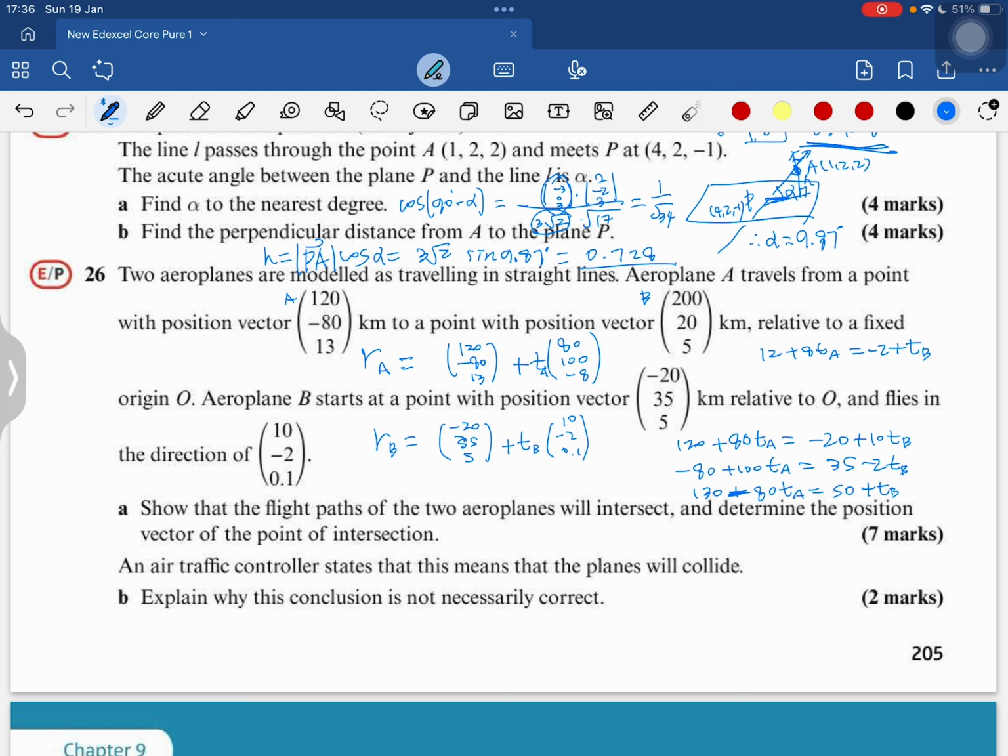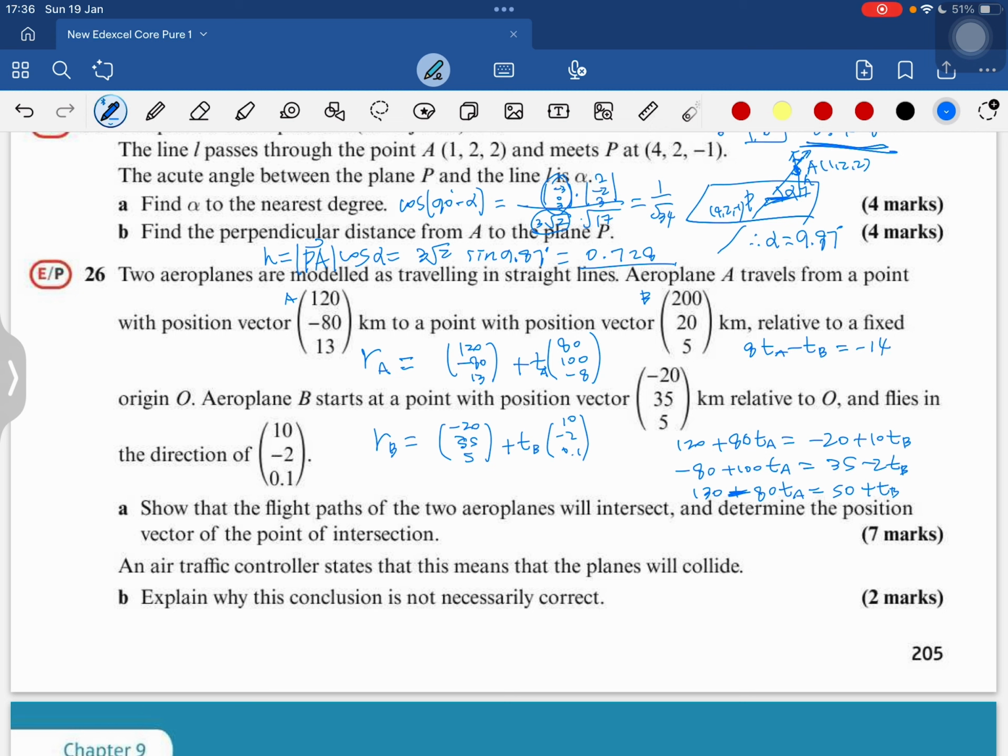So we need to show that they meet together. This one, again, 8 TA minus TB becomes negative 14.